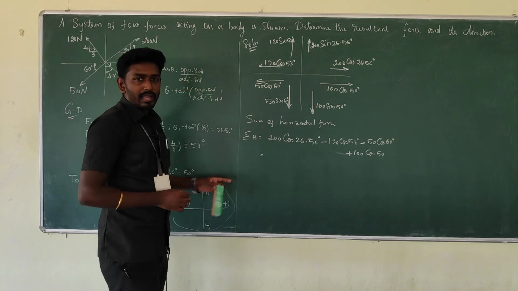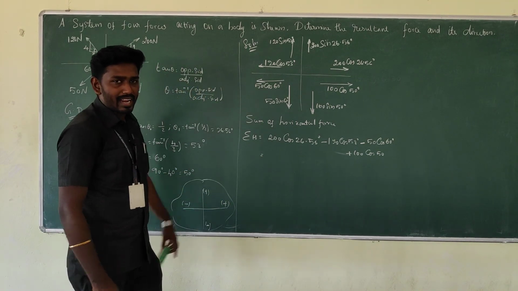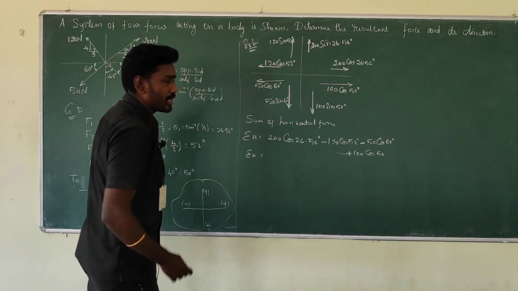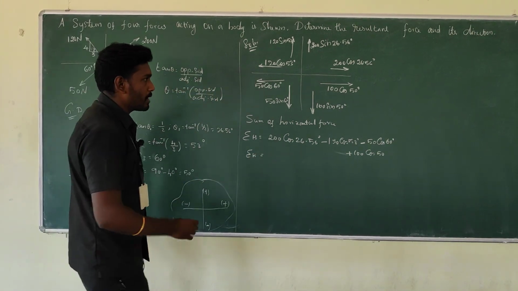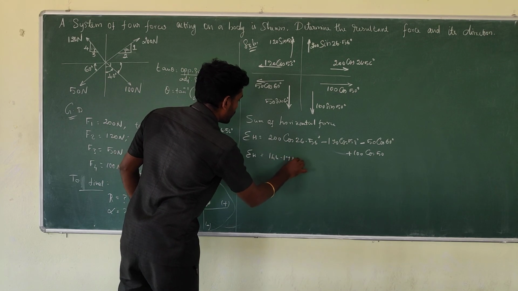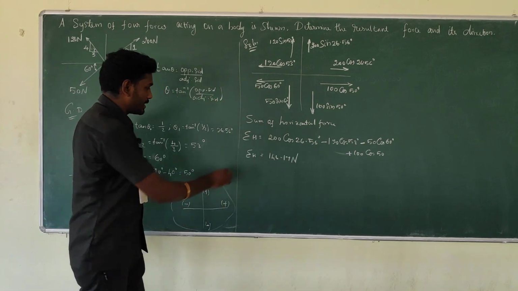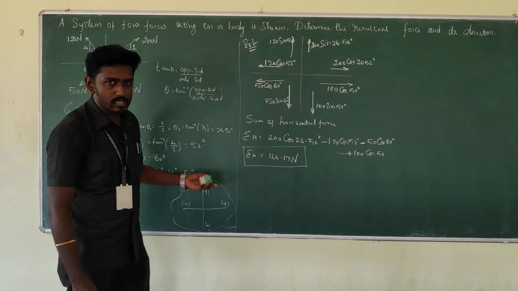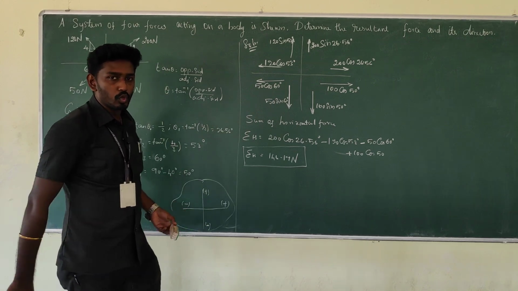Just calculate it in your calculator so that summation of H value we get in terms of Newton. Actually, you will get 146.17 Newton as answer. Always summation of H, summation of V, resultant will be in terms of Newton.